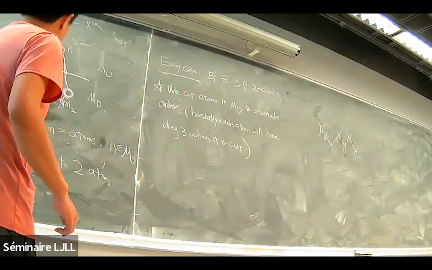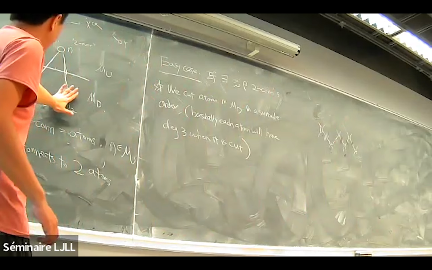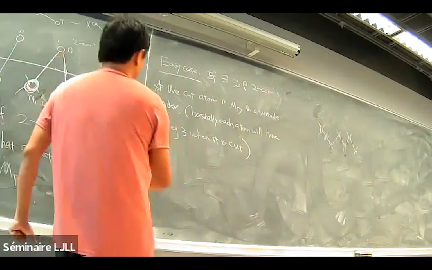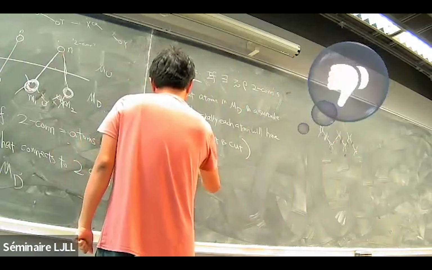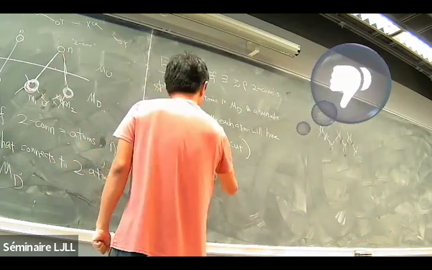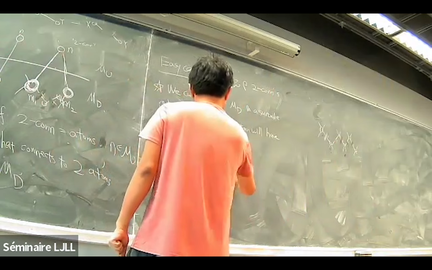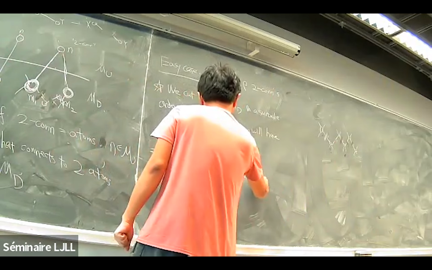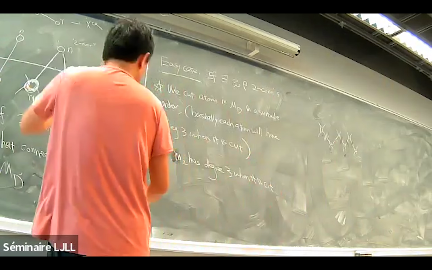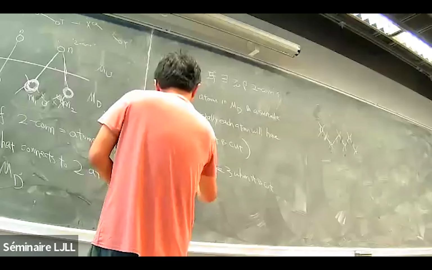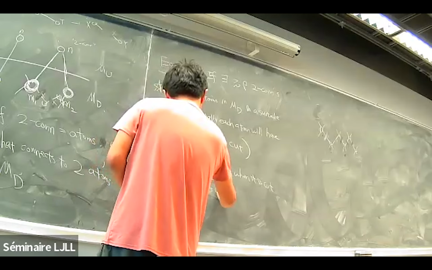Now, let's say you cut M1 before M2, then when you cut M2, M2 will have degree 3. It's cut, but in the meantime, N also has degree 3.